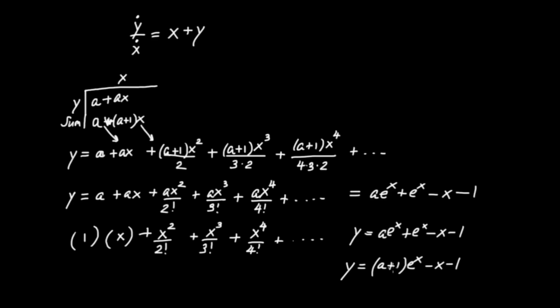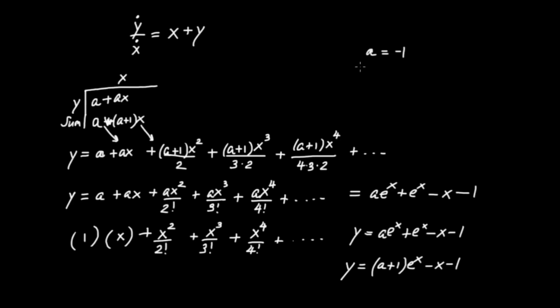And one last thing I could also notice is if I plug in the particular value, where a is equal to minus 1, that's going to get rid of this first term here, because I'm going to have minus 1 plus 1, which is 0. I'm going to have 0 times e to the x, which is 0.